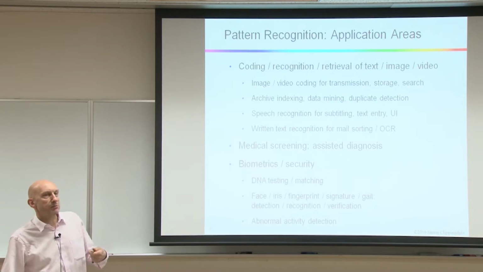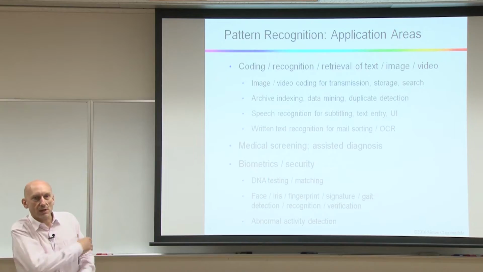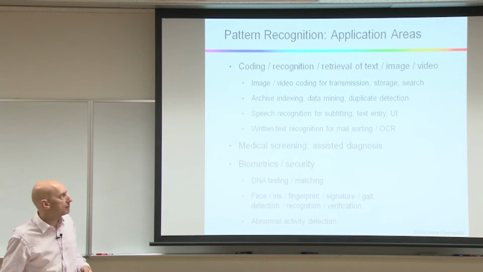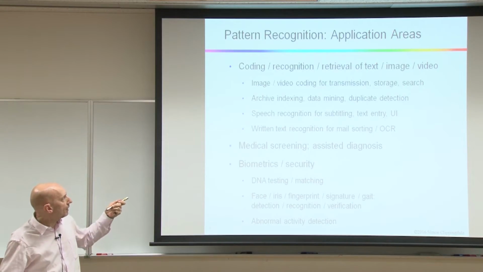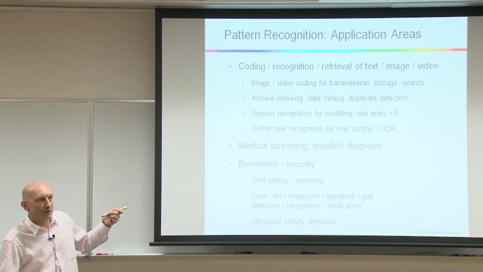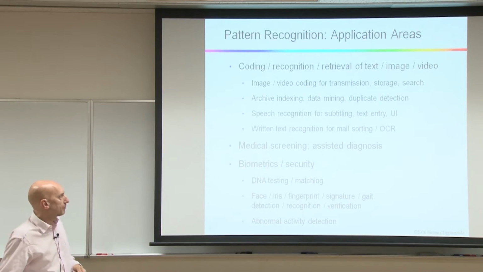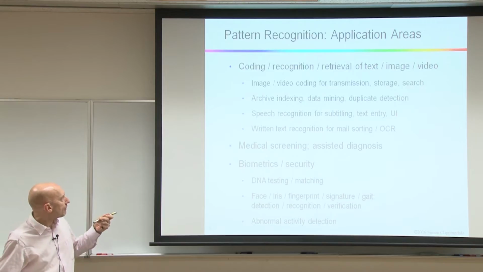So you would like to be able to index your archive so that you can then just do a text search on the index tags. Data mining duplicate detection is an interesting one. Speech recognition for the purposes of creating video subtitles and for text entry and user interface purposes.